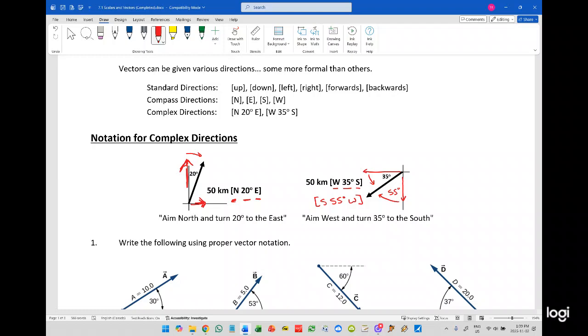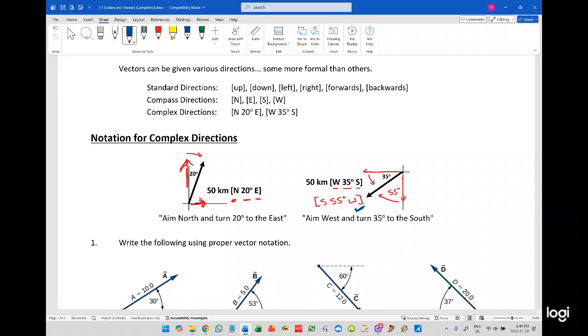In this course, I'm going to say that normally we prefer the one that has the most dominant direction first, north, east, south, or west. And the second direction is the minor change in that. Now, some fields will say that they always want the north and south first, and then how much to the east and west you're going, in which case the second form would be the one that they would want, south and then 55 degrees to the west.